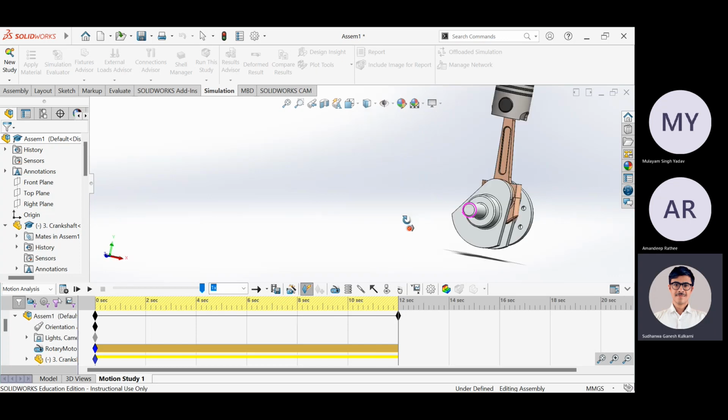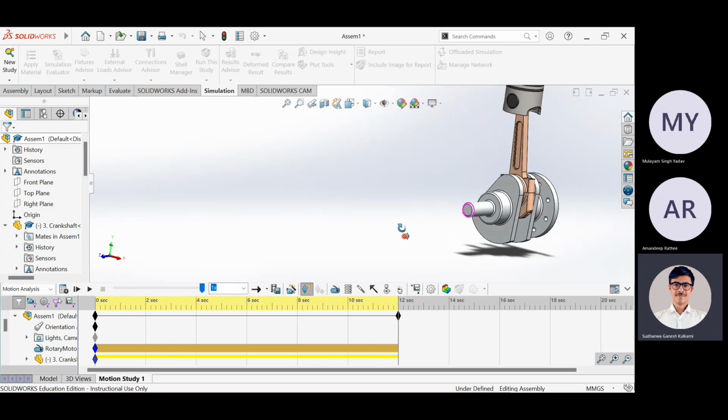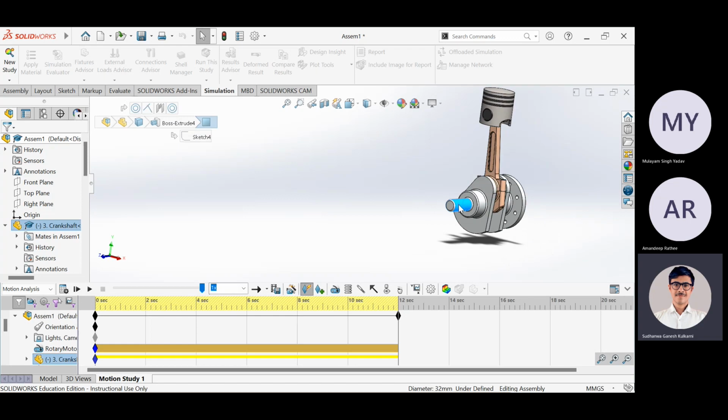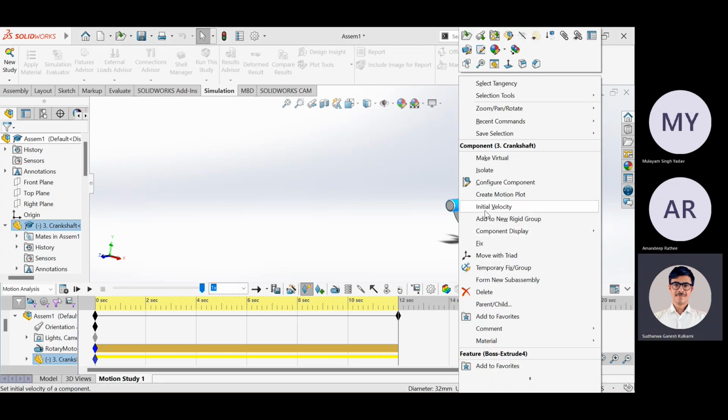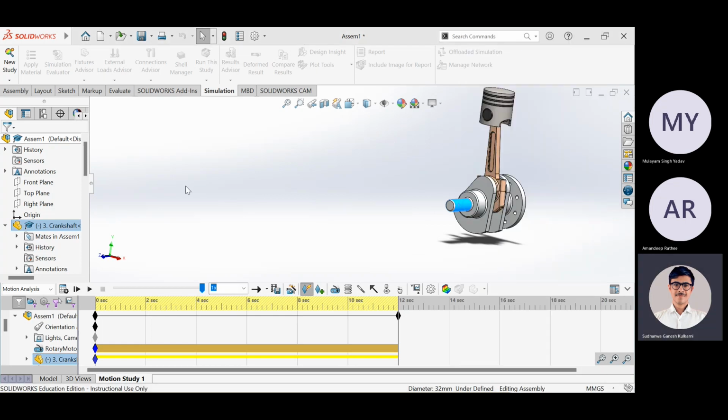Okay, sir, so that was how it worked. So analyzing ground forces, let me show you the plots of the ground forces.